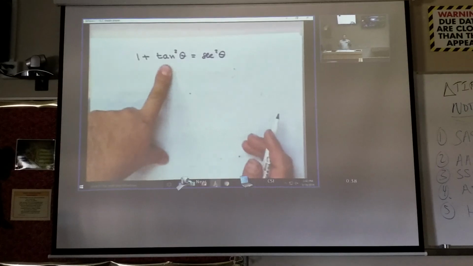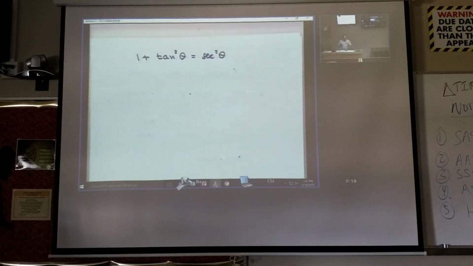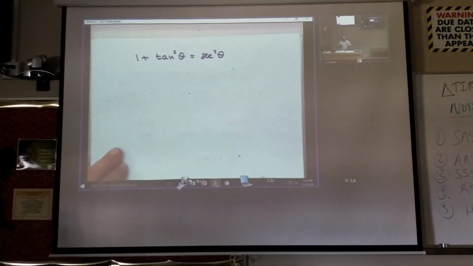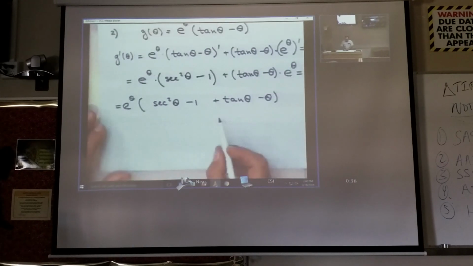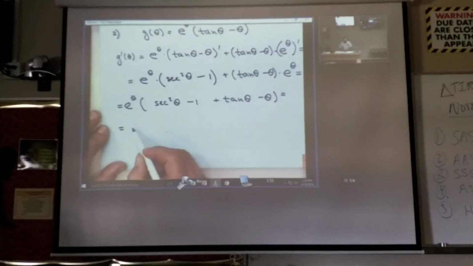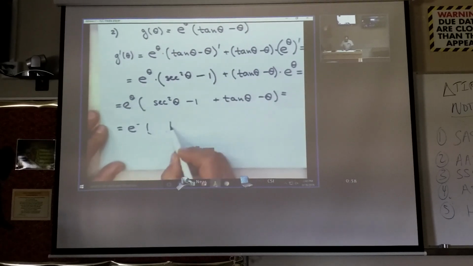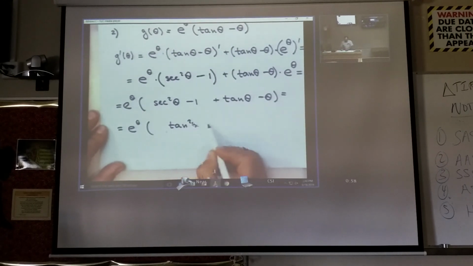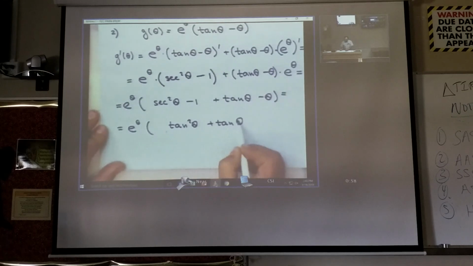Okay, so not everything will be so clear and visible right away, but you have to get that feeling because I hope you had enough of those identities that you will kind of feel it's right here. So, what do we have here to finish? e to theta times tangent squared of theta plus tangent of theta minus theta.